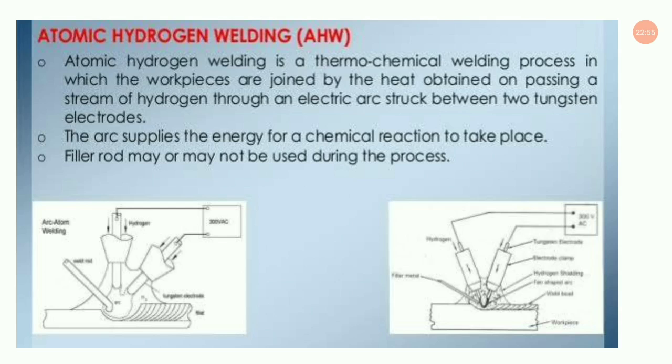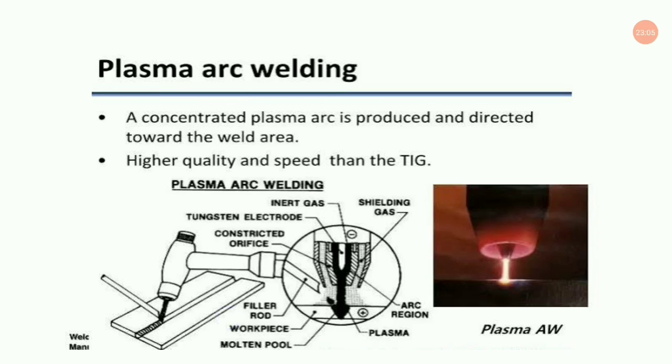Next is the atomic hydrogen welding process, where hydrogen gas is used. Next is the plasma arc welding process, where a concentrated plasma arc is produced. The quality of the weld is very high, and the speed is also much higher.